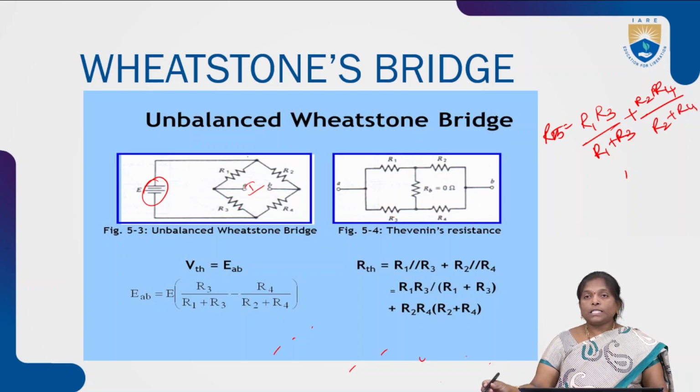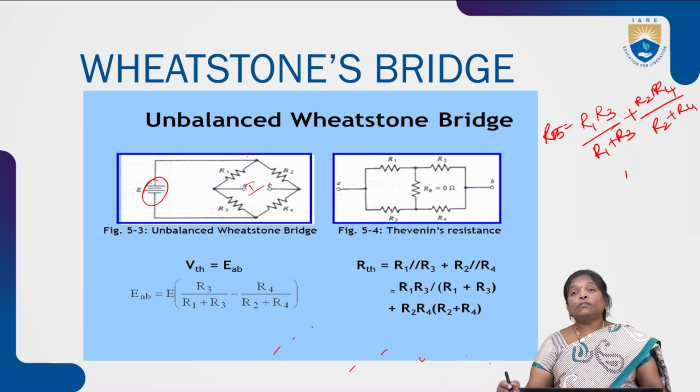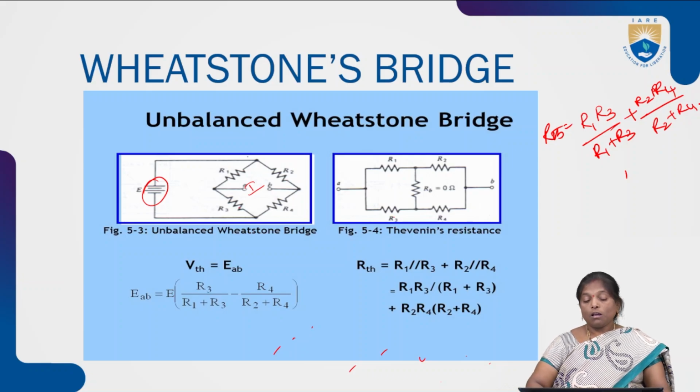If any two resistances are parallel, then it is the product of the two resistances by the sum of the resistances, that is R1 into R3 by R1 plus R3. Similarly, if two resistances R1, R2 are in series, then we have R1 plus R2. Now, R1 R3 by R1 plus R3 plus R2 R4 by R2 plus R4.